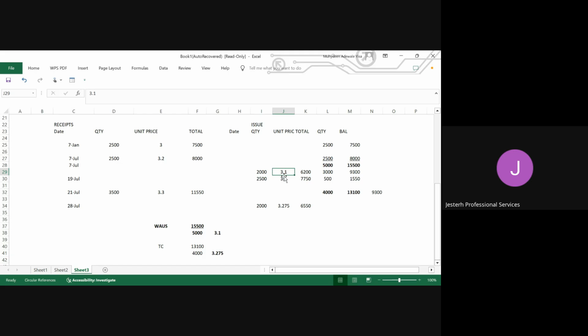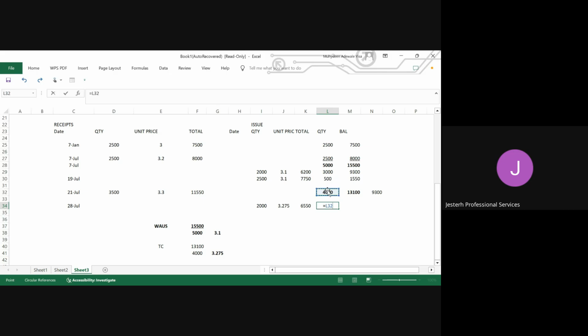So that is the reason why we are determining the weighted average by using this formula. What is the formula? You know the total value of what you have in the store, and then know the total quantity of the inventory that you have in the store. Then you divide the two together to ascertain your current average cost, and then you use it to issue out your inventories.